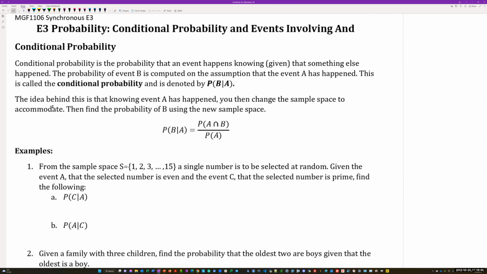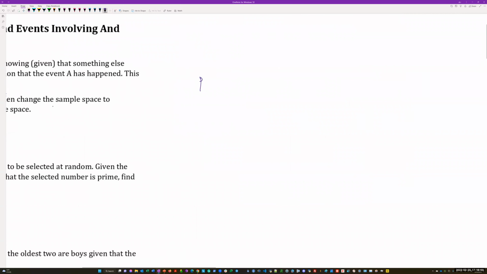This is called the conditional probability, denoted P of B given A. So this line right here, we said a long time ago at the beginning of the class, when you write that line, it means given. So if I write this statement here, P of B given A, this means the probability that B occurs given A has already occurred.